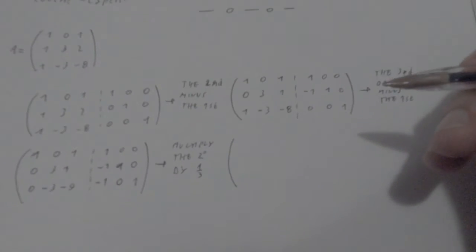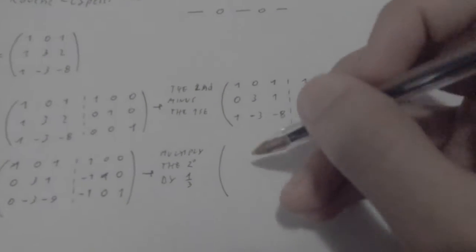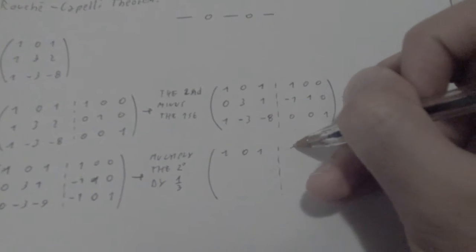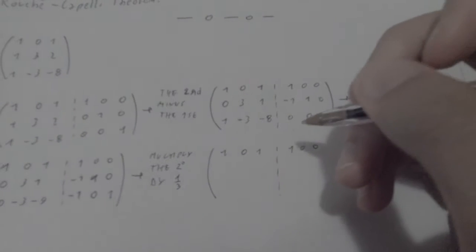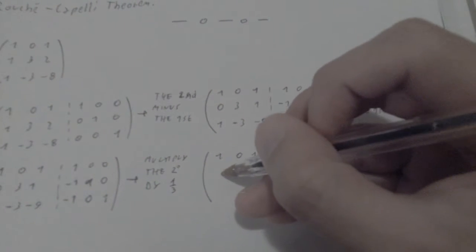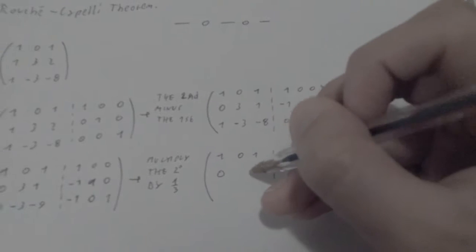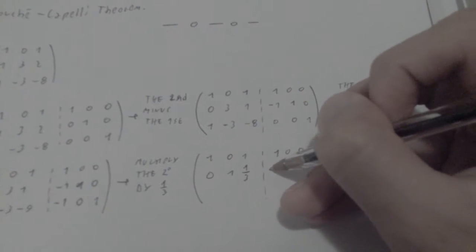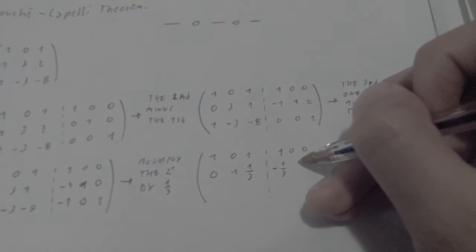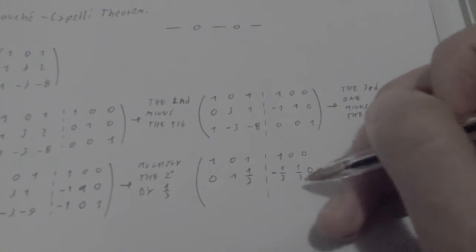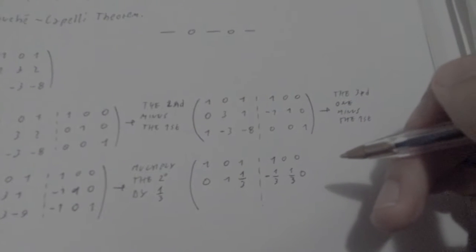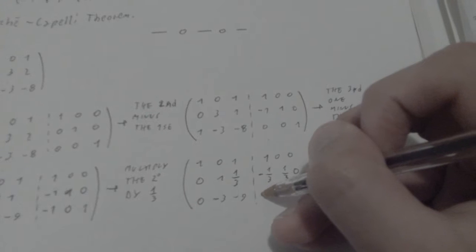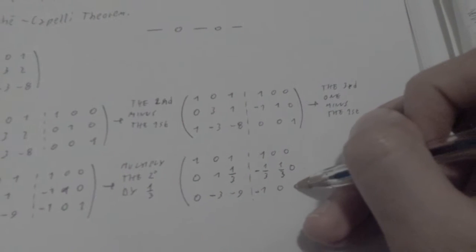So I'm going to get 1, 0, 1, 1, 0, 0, and then 0, 1, 1/3, -1/3, 1/3, 0. And then we have 0, -3, -9, -1, 0, 1.